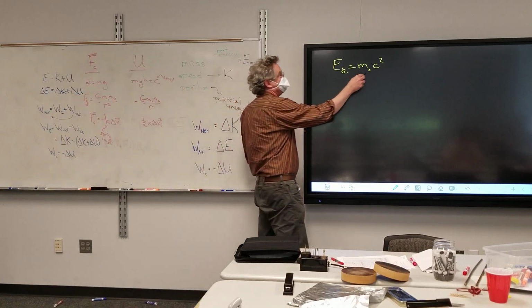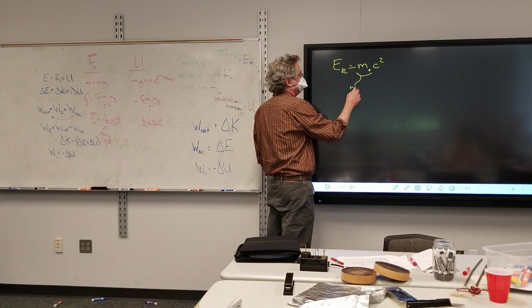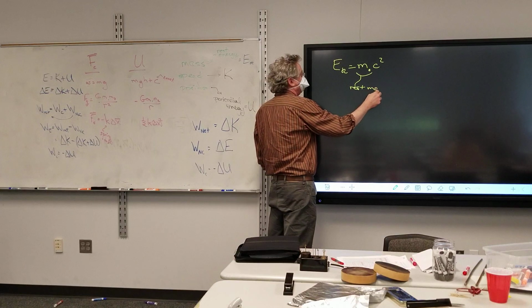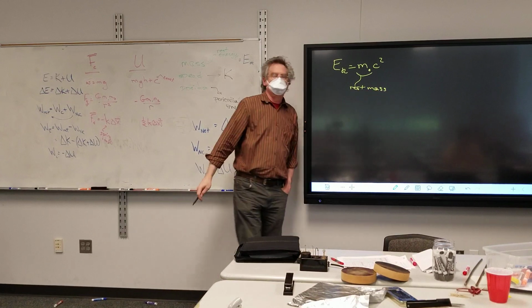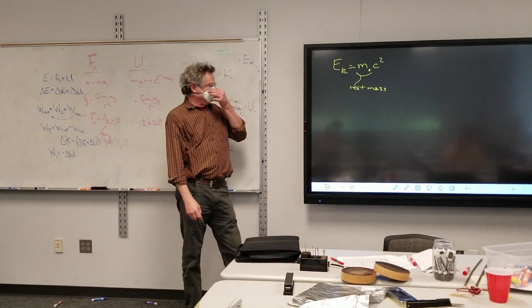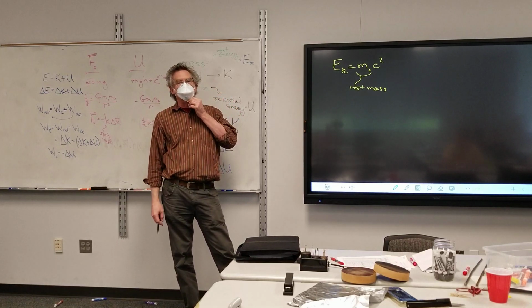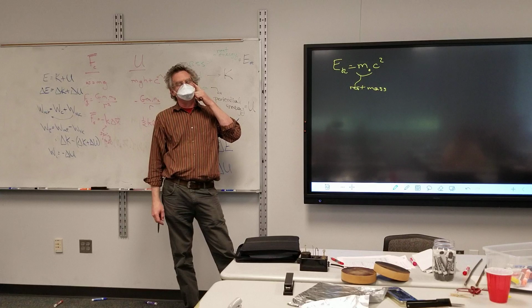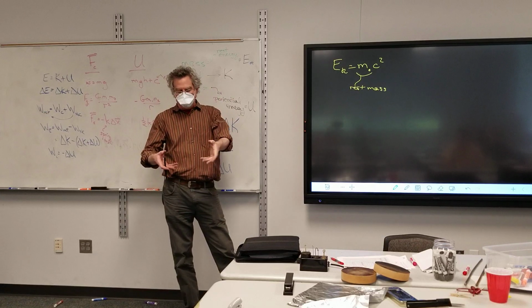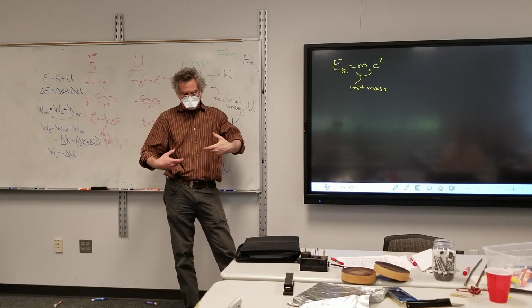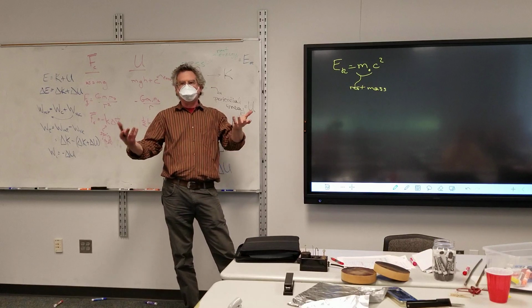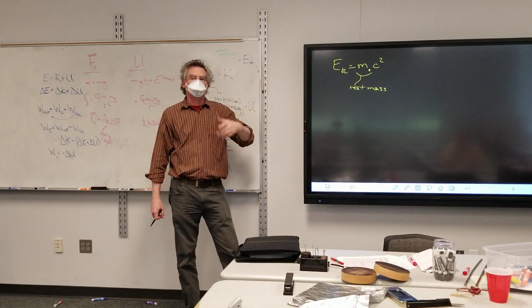This m sub 0 here is the rest mass. And the rest mass is the mass an object has when it is at rest relative to the observer. So in lab, when you put it on the triple beam balance, it's at rest relative to you, you're finding the rest mass.